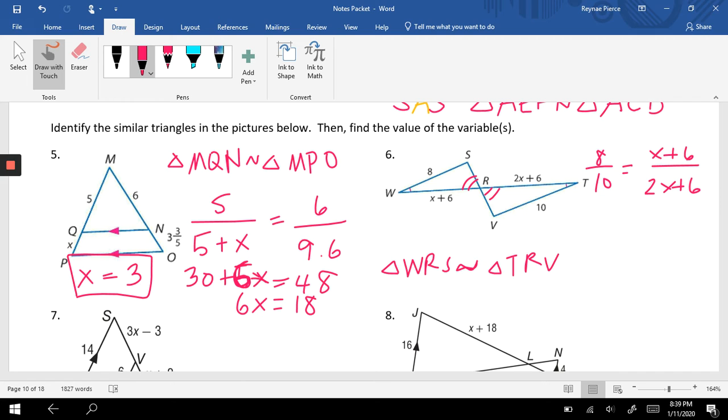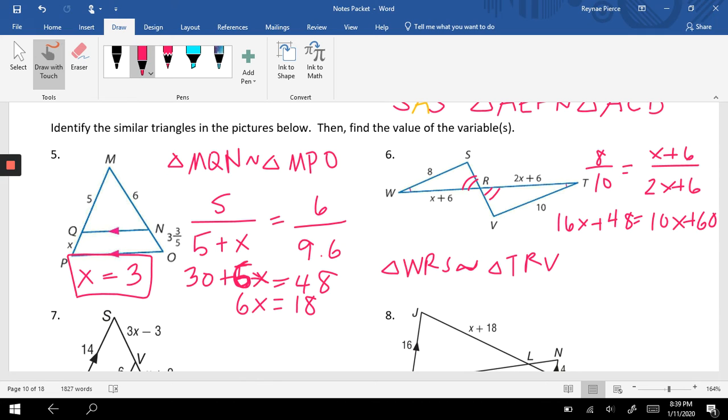So I have 8 times 2x is 16x. 8 times 6 is 48. And then I've got 10x plus 60. 10 times x and 10 times 6. Okay. We're going to move all of the x's.